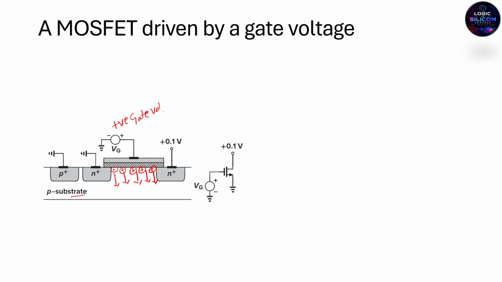So what will remain is only the negative charges. Positive and negative charges, when they stay together, are electrically neutral. But now the negative charges remain, because the positive charges went deep inside the P substrate region.